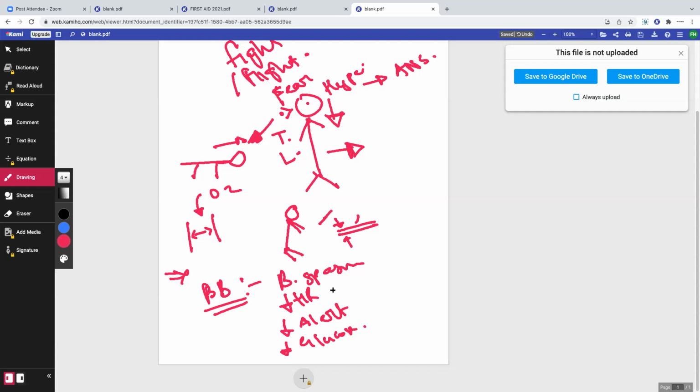Next one is beta blockers can also cause, can I say that beta blockers can also cause a little bit of impotence? Yes or no? The reason being is that there's a balance between sympathetic and parasympathetic that allows for proper sexual activity.